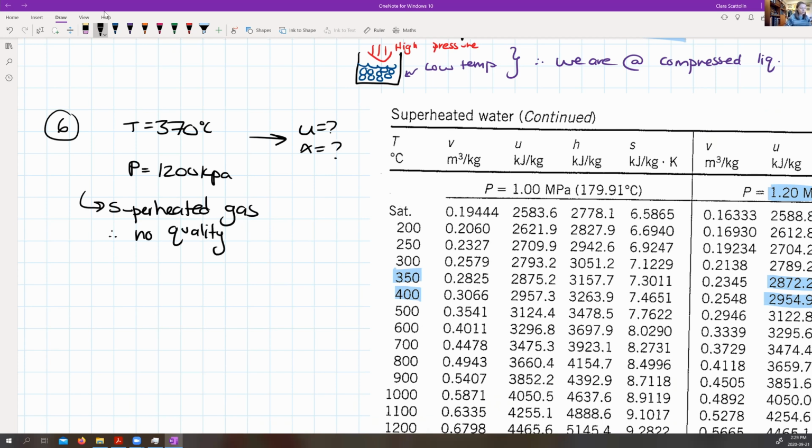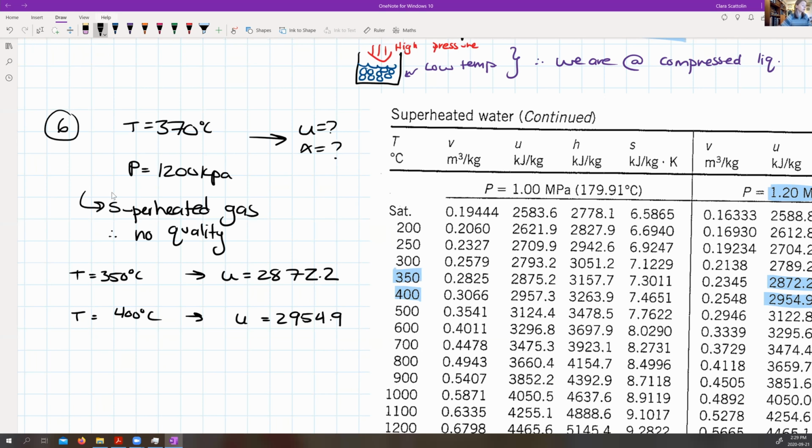And in order to find our value of u, I'm going to interpolate between T, 350 degrees C, which gives a value of u of 2,872.2, and a value of T, 400 degrees C, which is a value of u equal to 2,954.9.